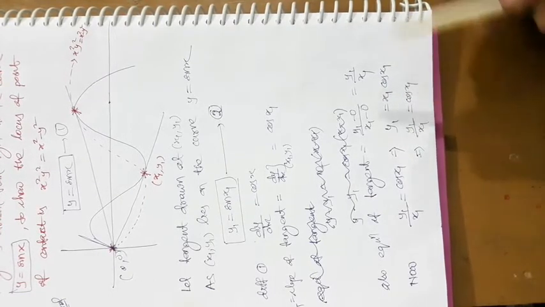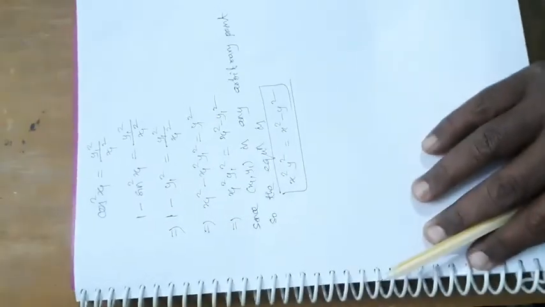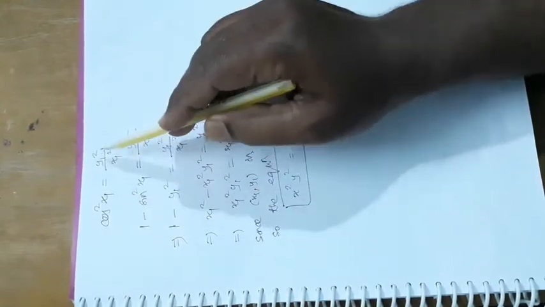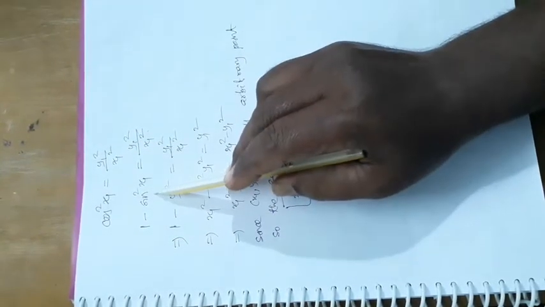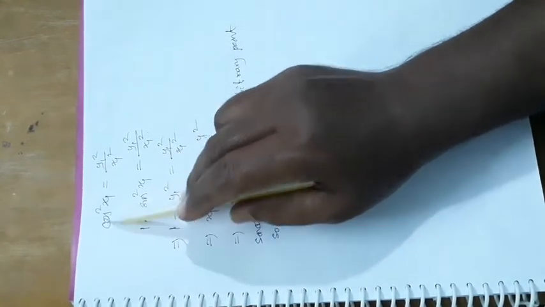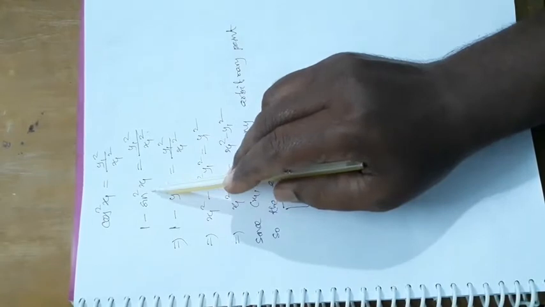Remember here, y1 by x1 is what? Cos x1. Now, what is cos square x1? It is y1 square by x1 square. So 1 minus sin square x1, as cos square theta is 1 minus sin square theta, is y1 square by x1 square.